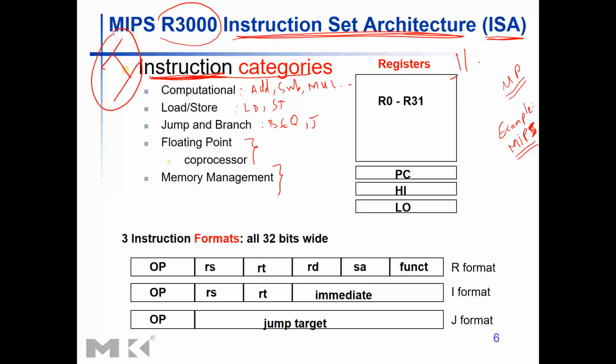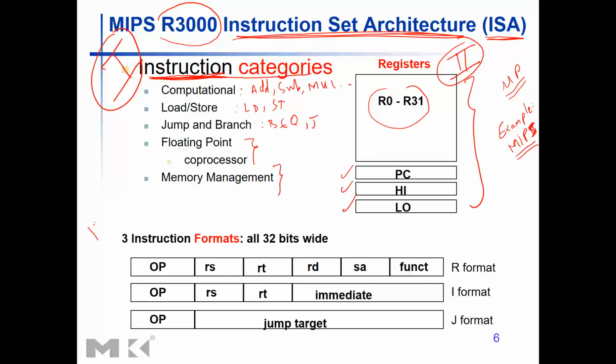The other part is the registers. As a programmer, especially using assembly programming, I need to know what registers I have in my machine. In the case of the MIPS, I have 32 registers, and then three special registers: the program counter, and the high and low registers.